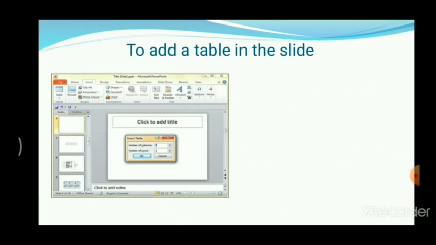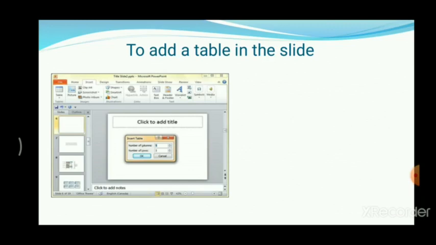Student, for this task, firstly you will click on the insert table icon in the content placeholder. Okay. After that, the insert table dialog box will appear on your screen as you can see in the figure also. Now here you enter the number of rows and columns and click on the OK button. Okay.